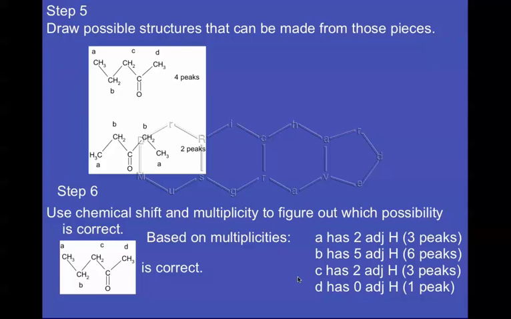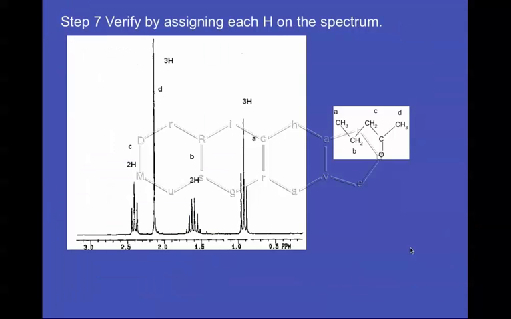Now we can assign this based on what we're seeing in the spectrum and what we see over here. The 3H has to be a CH3. If I've labeled this A, B, C, and D, I can figure out which CH3 this actually is.